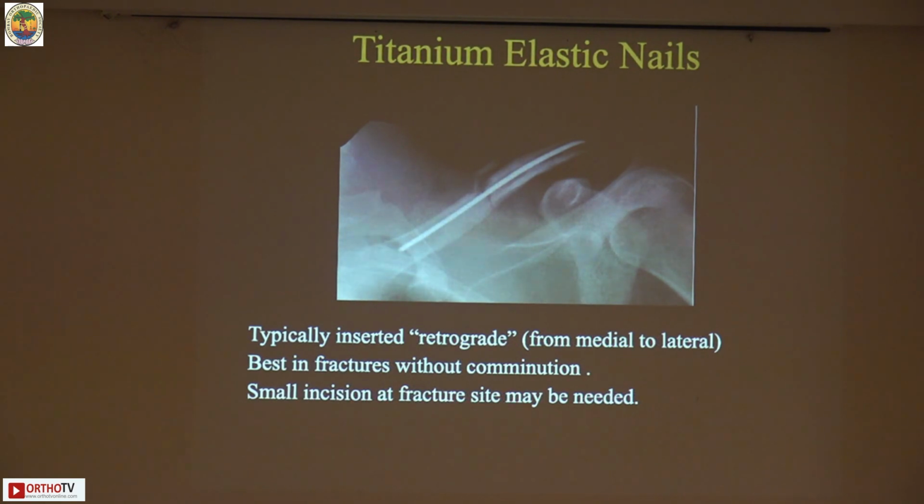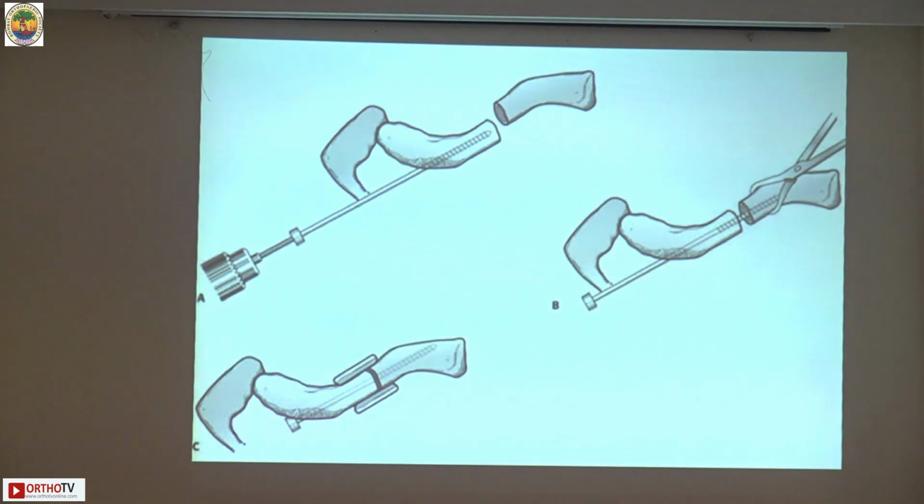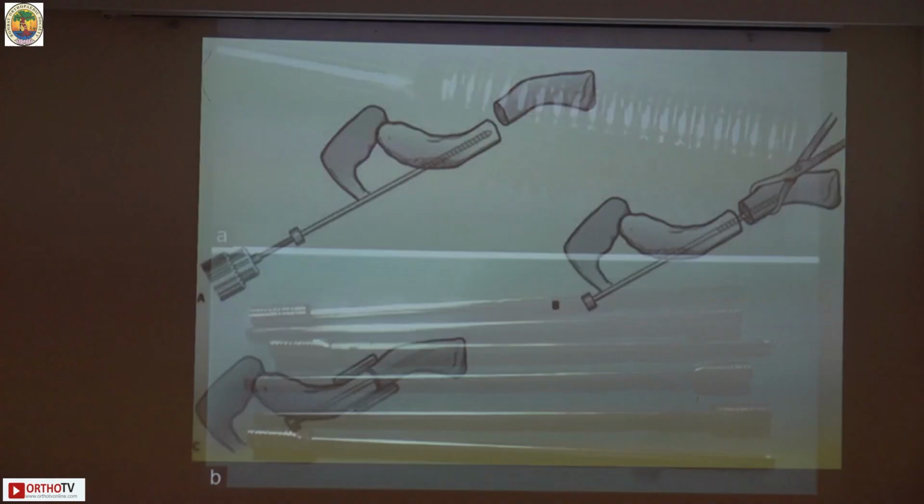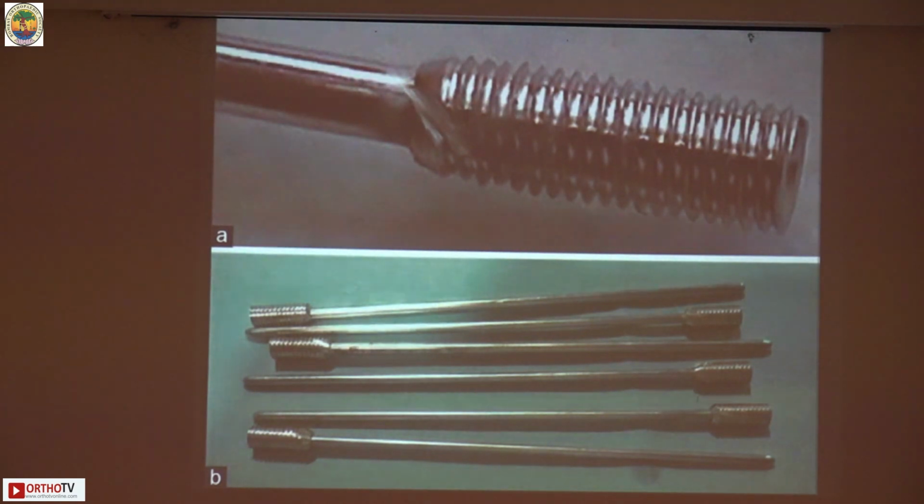A small incision at the fracture site may be needed for open reduction. We have nails from lateral to medial, and this is screw intramedullary fixation. Medially, there is a screw which gets engaged in the medial cortex, hence avoiding migration of the nail, which is a common feature in nailing.